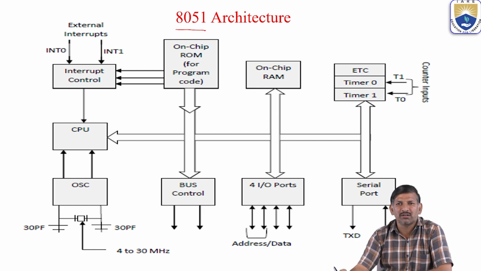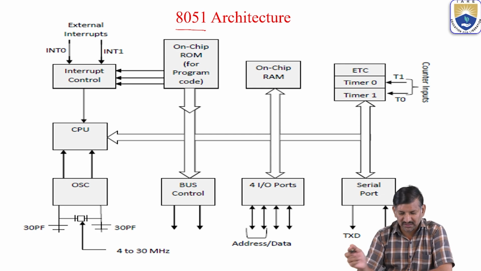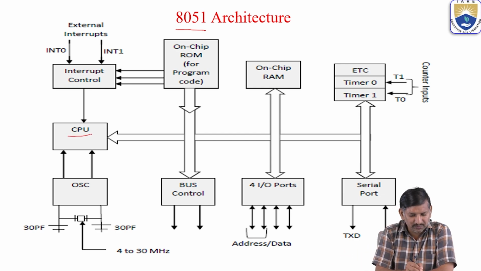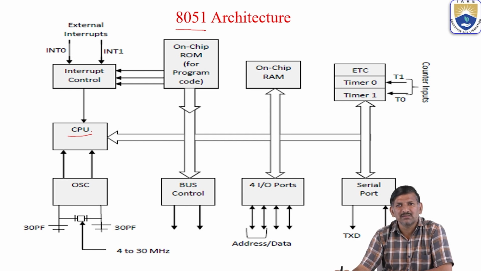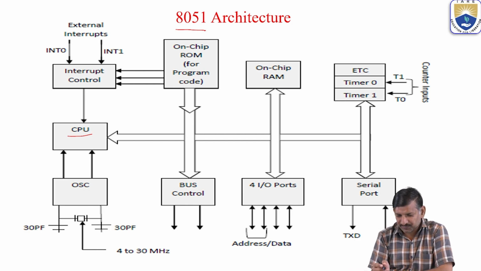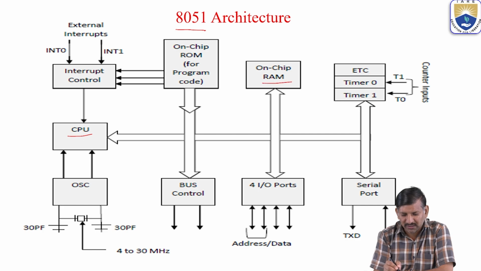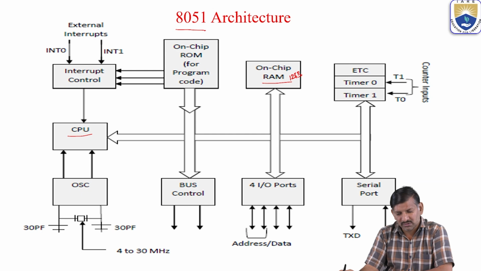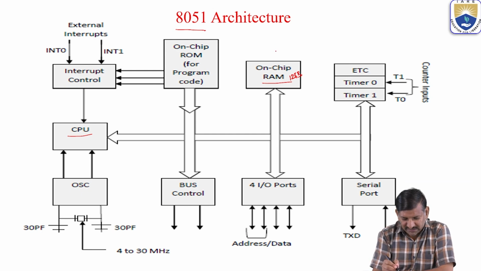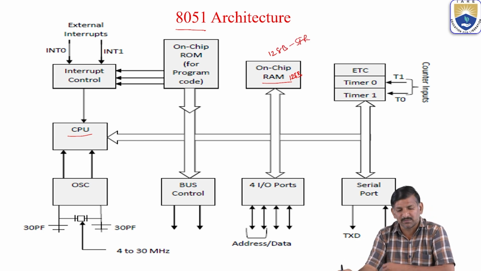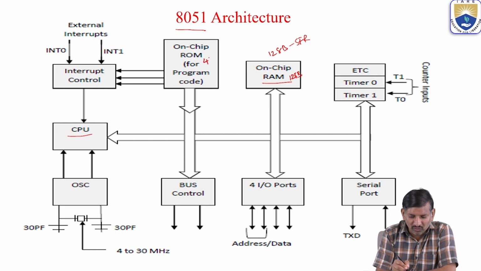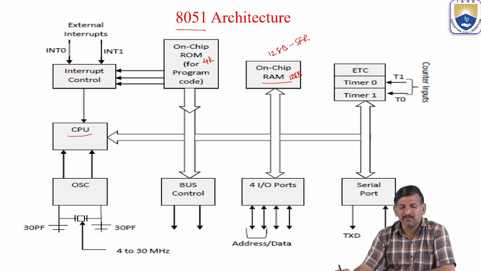If you look at this microcontroller architecture, first it contains a CPU for executing the instructions. Next, memory: 128 bytes of on-chip RAM, and 128 bytes for special function registers within the chip, and it contains 4 kilobytes of on-chip ROM for storing the instructions.